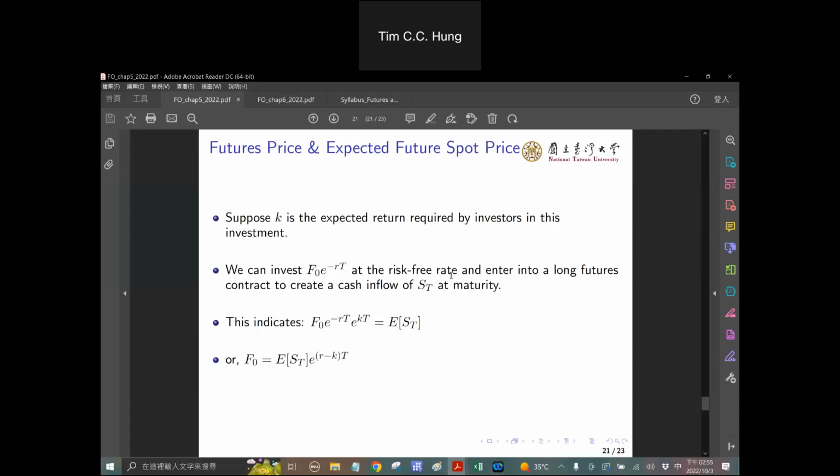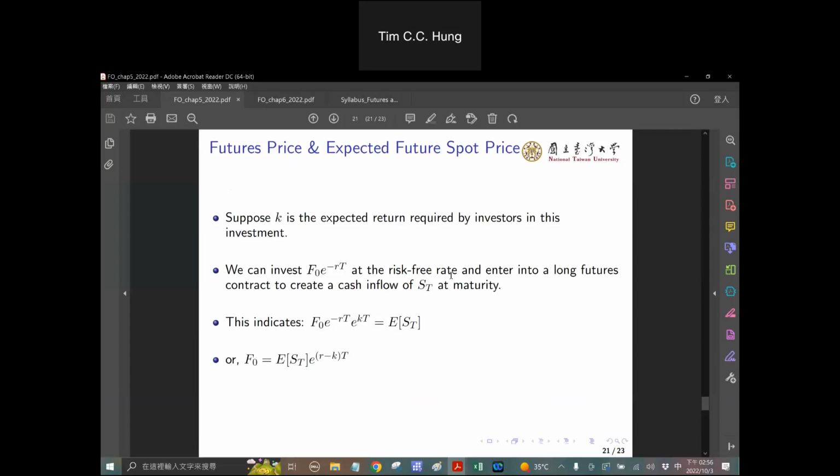But can we also think about a relationship between the futures price, the price of this futures contract, and the expectation of the spot price at some time in the future? Is there a relationship between the two?